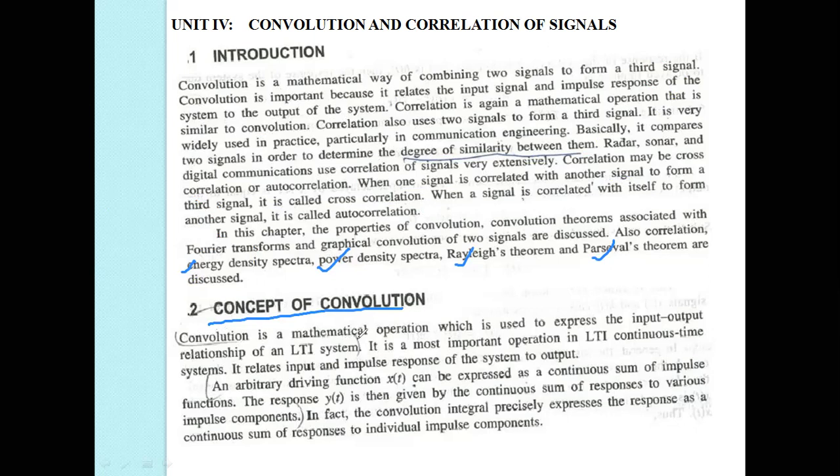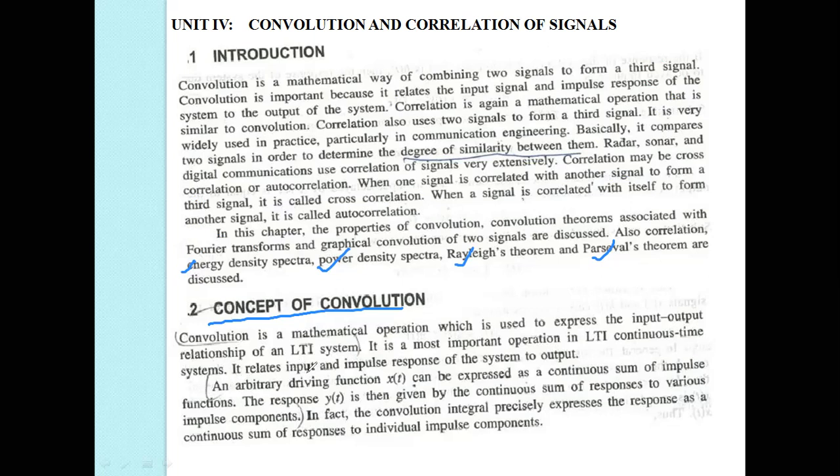Okay. So convolution is a mathematical operation which is used to express the input and output relation of a linear time invariant system. It is the most important operation in the linear time invariant continuous time system.